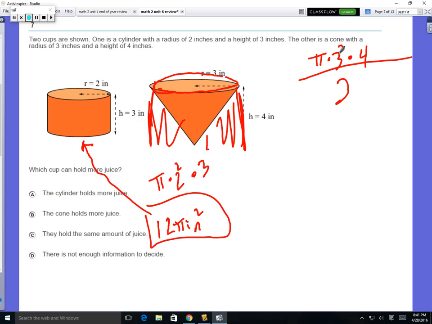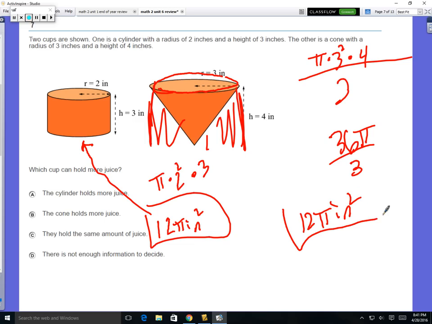And this is 9 times 4, so that's 36 pi on top divided by 3, and that simplifies to 12 pi inches cubed. So be careful, because if these were inches and these were centimeters, then that'd change everything. So make sure your units are the same, and because the units are the same, they're going to hold the same amount.